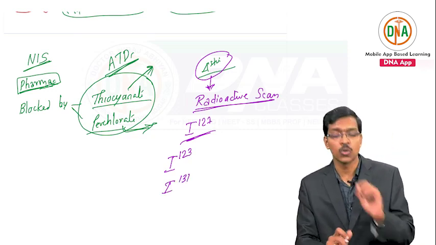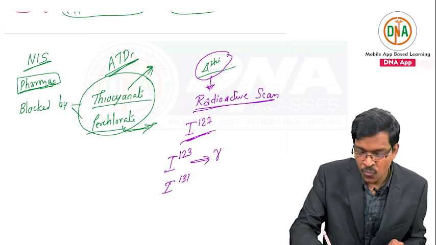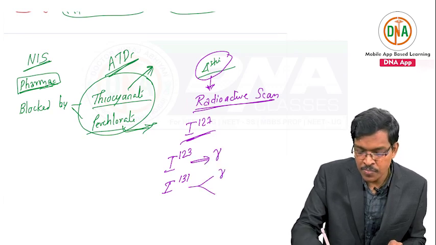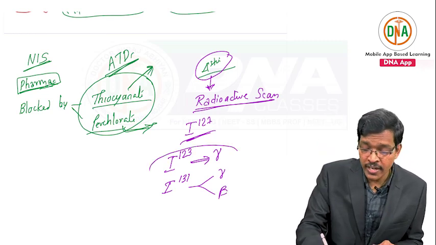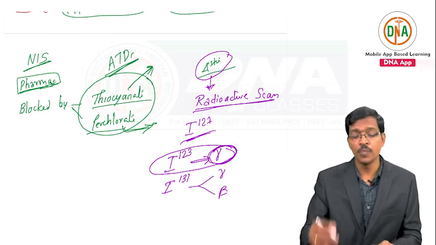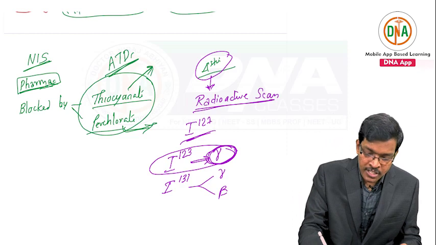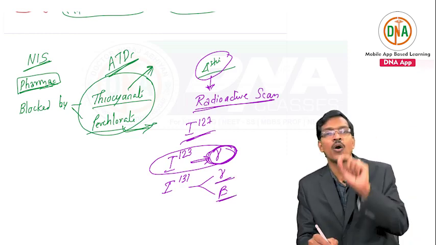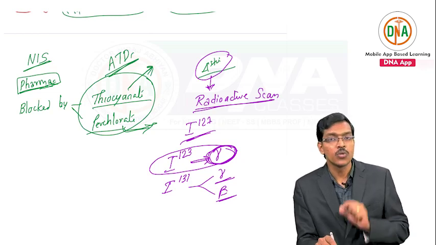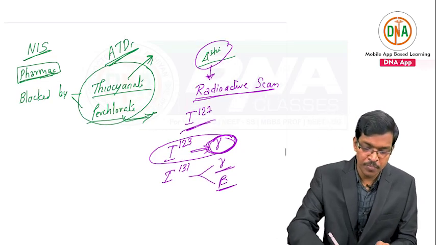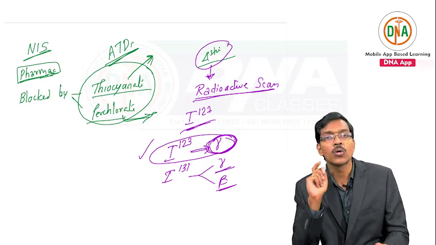Iodine 123 emits gamma rays, whereas iodine 131 emits gamma as well as beta rays. For diagnostic imaging you need gamma rays, which are produced by iodine 123. Iodine 131, in addition to gamma, produces beta, which is a damaging radiation. So for diagnostic purposes we use iodine 123 because it emits only gamma radiation.